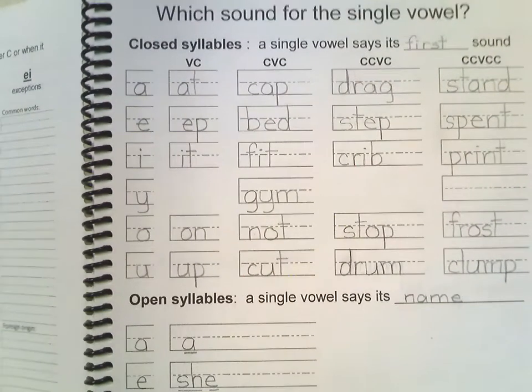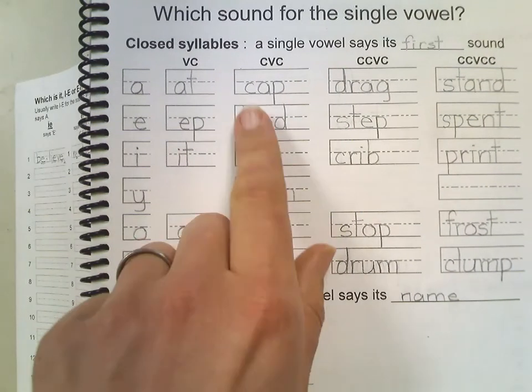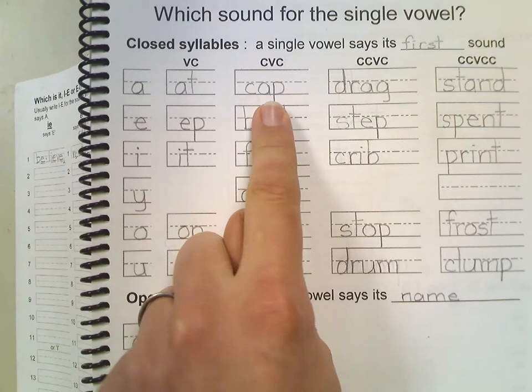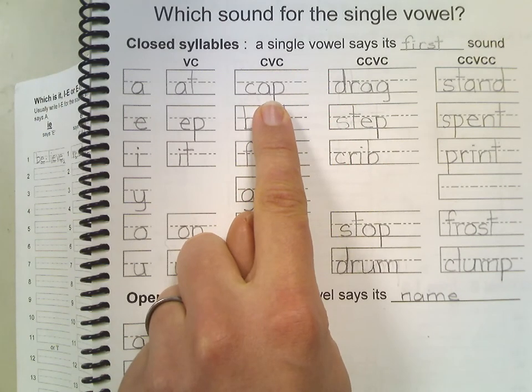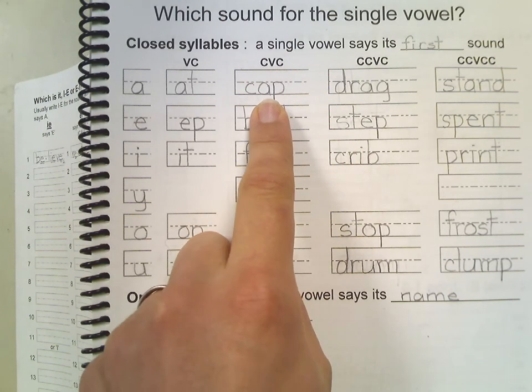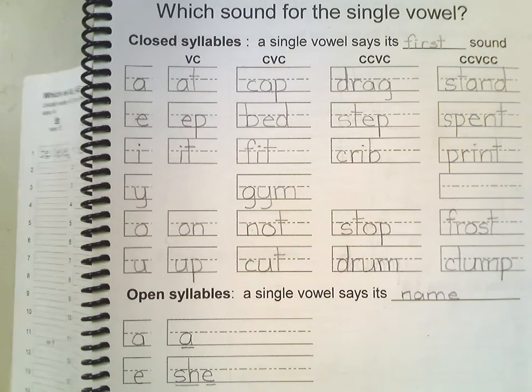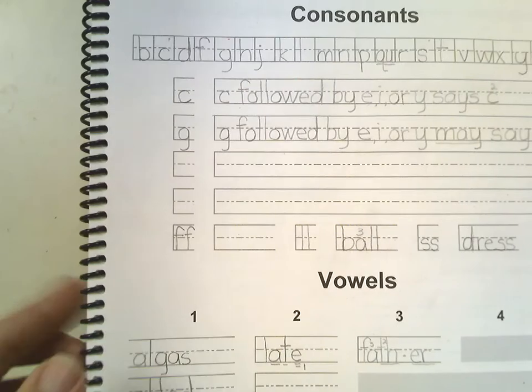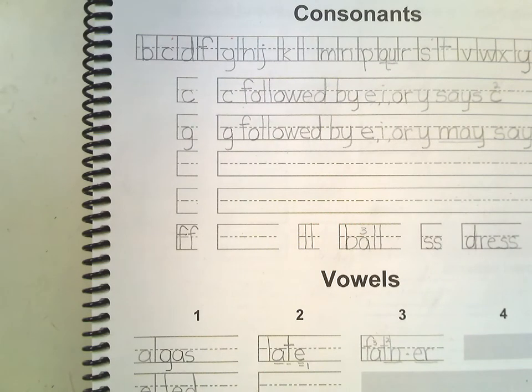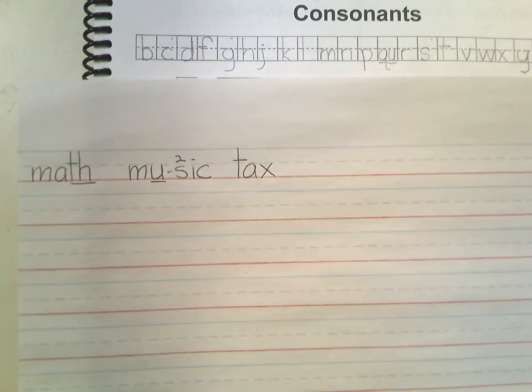All right, so this is our closed syllable page. If you didn't have anything written in here, you could go ahead and write tax right there. So write it, see if there's anything to mark. All right, so for tax, there's nothing to mark.